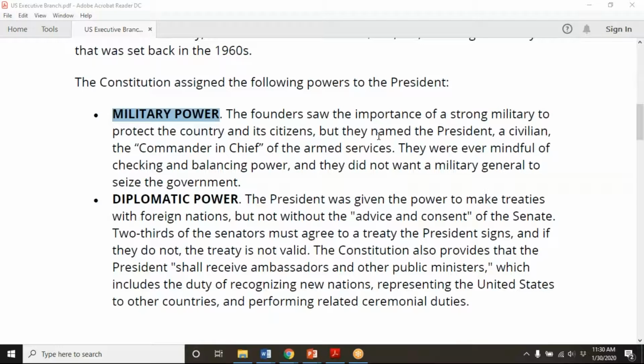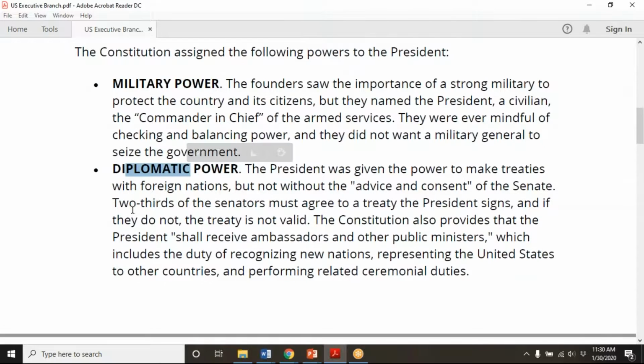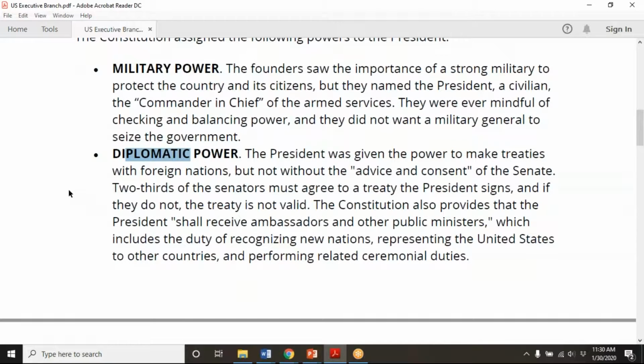Okay. Carla, could you read diplomatic power, that bullet point? Sure. Diplomatic power. The president was given the power to make treaties with foreign nations, but not without the advice and consent of the Senate. Two-thirds of the senators must agree to a treaty the president signs, and if they do not, the treaty is not valid.